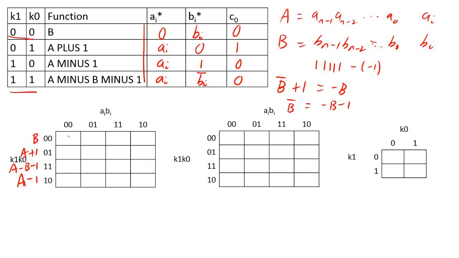So for a, this is going to be my a sub i star. This is my b sub i star, and this is c0. And so I can see for the 0, I want this to be all 0s. When it's a plus 1, I want my a sub i to come back out.